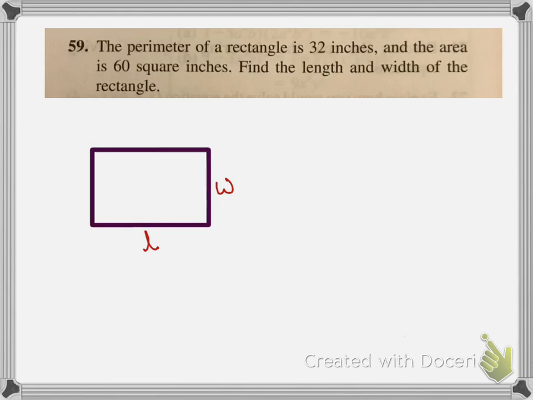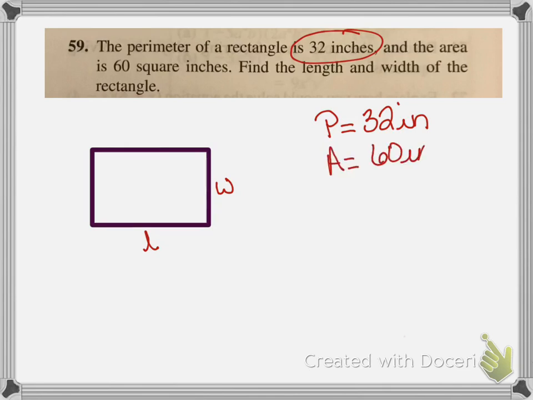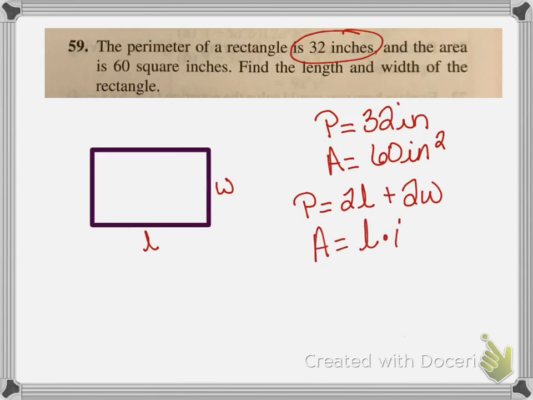Okay? We're also told that the perimeter of this rectangle is 32 inches and that the area of this rectangle is 60 inches squared. Okay? The perimeter of a rectangle is 2 times the length plus 2 times the width, and the area is length times width.